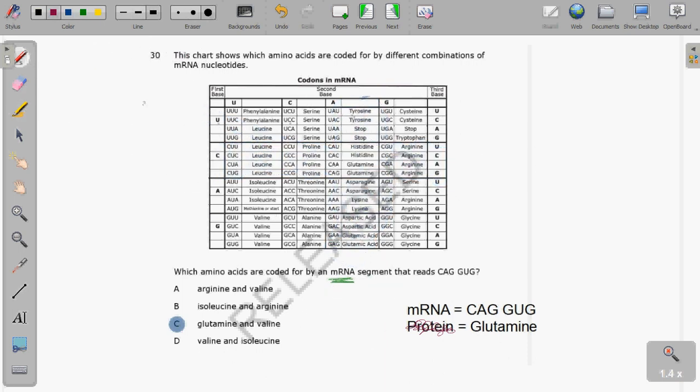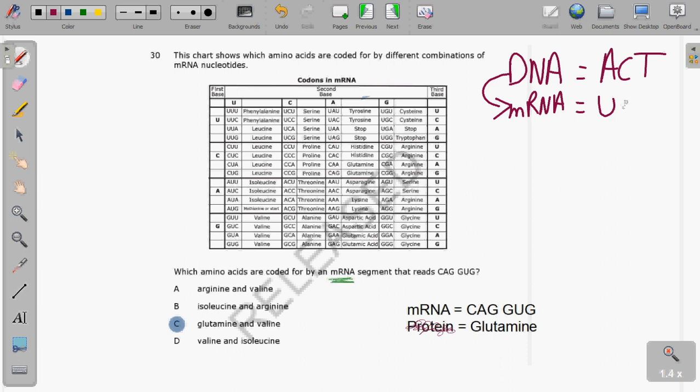And now, if they had given you, let's say the DNA sequence was ACT. Well, then you've got to transcribe that to mRNA. So A is going to bond to U in RNA, C will bond to G, and T will bond to A. So now our mRNA is UGA. So we're going to look at our chart. Here's the first U, the second U, the third U. So where do all three of those meet?